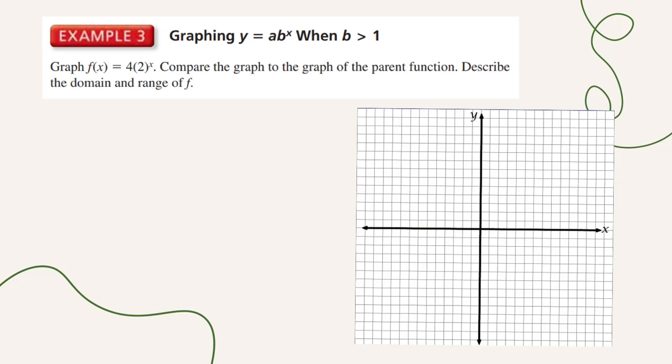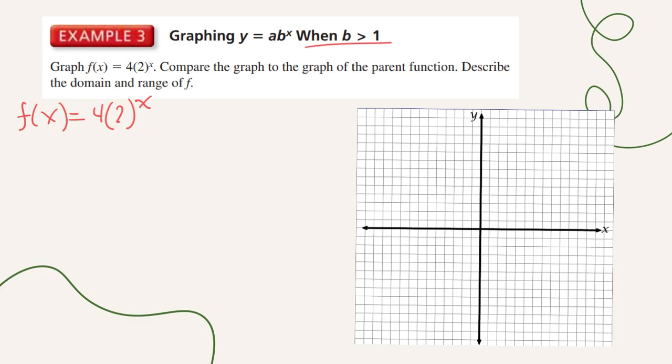So here we can see that we have graphing y equals ab to the power of x when b is greater than 1. So we're going to graph f of x equals 4 times 2 to the power of x.